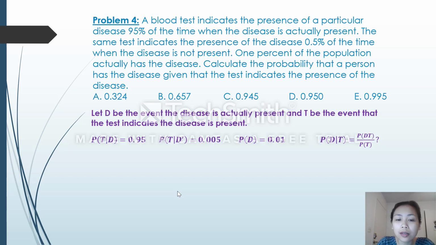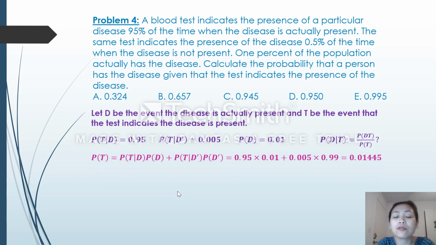By the law of total probability, the probability of T is equal to the probability of T given D times the probability of D, plus the probability of T given D prime times the probability of D prime. That is the first thing we can find.